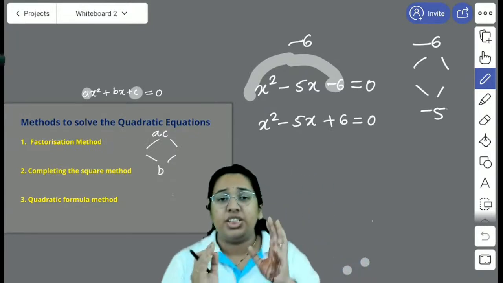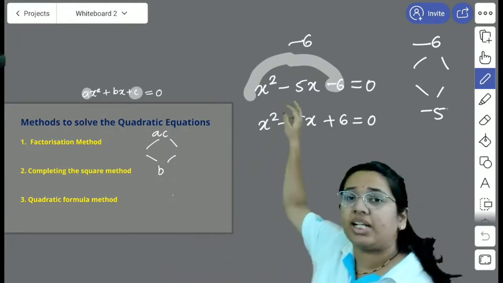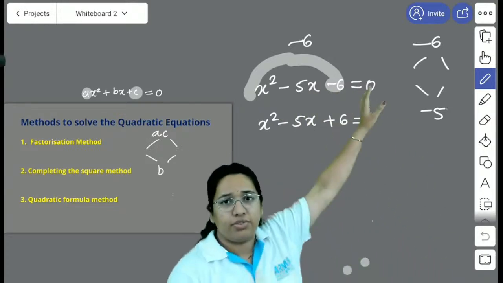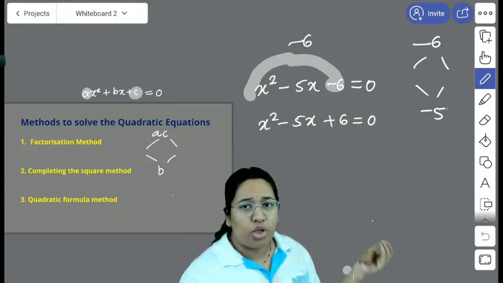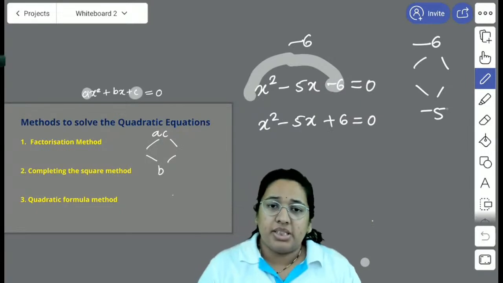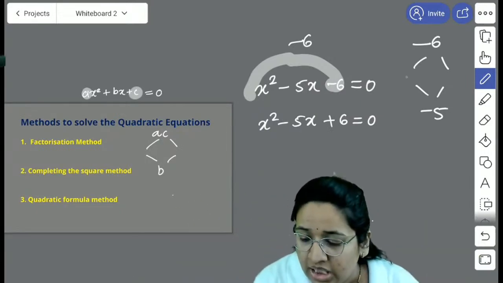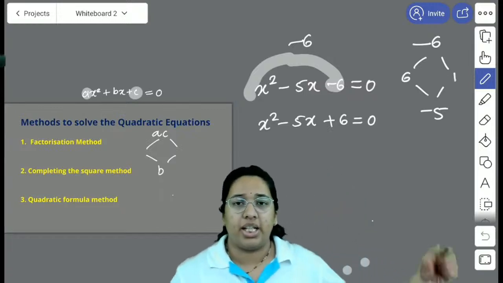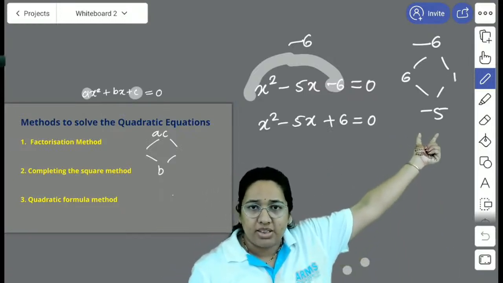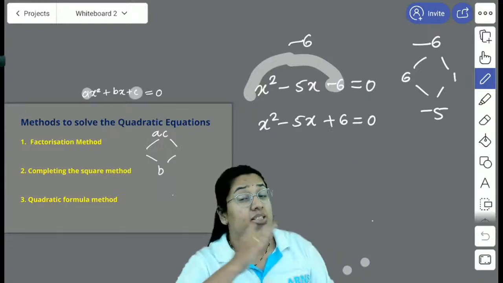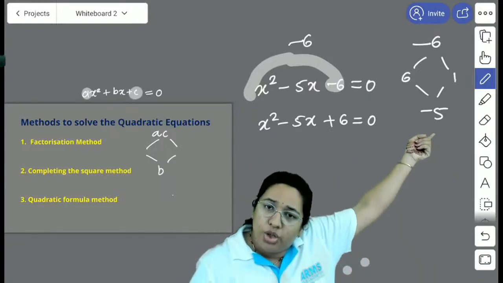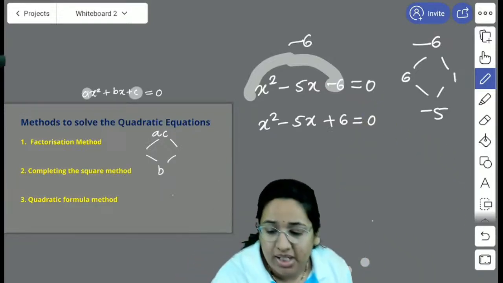So students, just remember that if we are getting the product as a negative number, it means that one of the numbers should be positive and one should be negative, and the addition should be minus 5. We know that 6 can be written as 6 into 1, but the addition should be minus 5, so it should be minus 6.